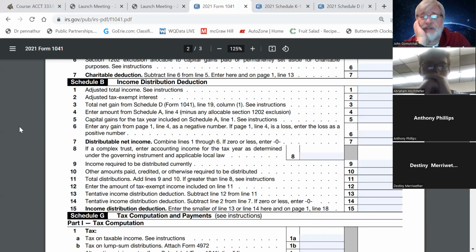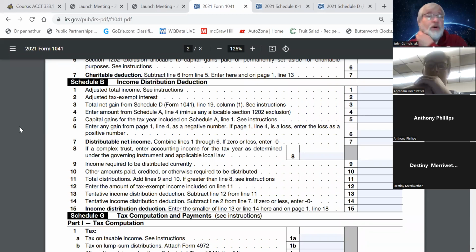Adjusted tax exempt income. All right. One of the things that's going to happen is if we're not required to list the income because it's non-taxable. Okay, so we have some municipal bond interest here. So it's going to be non-taxable interest. We're not going to show it on page 1 because we only report taxable stuff on page 1. In Schedule B, what we're doing is calculating the amount of the deduction that we're going to be allowed.